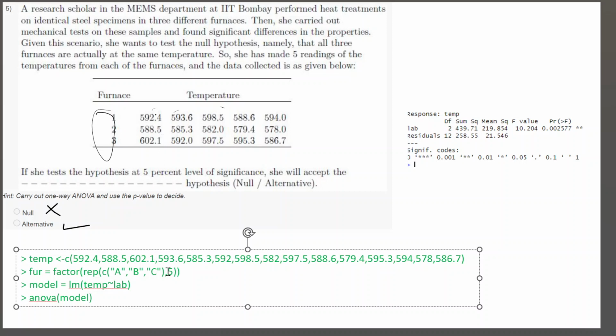Like that I have given, which means it should repeat three times, so I have written the coordinates three times. Then 592.4 will be assigned to 1, then 588.4 will be assigned to 2, and 602 will be assigned to 3. Again, 593 should be assigned to 1. Like that it should happen.